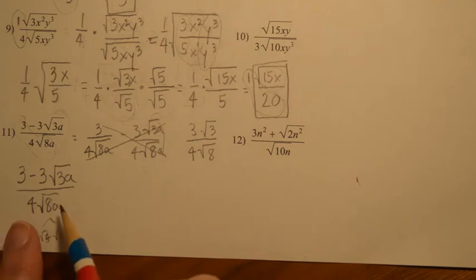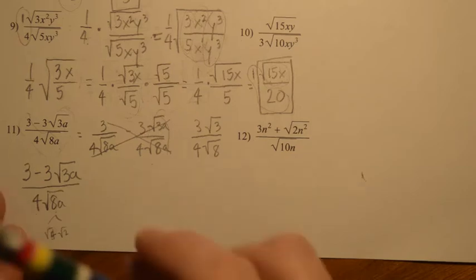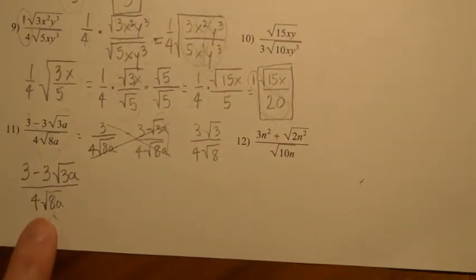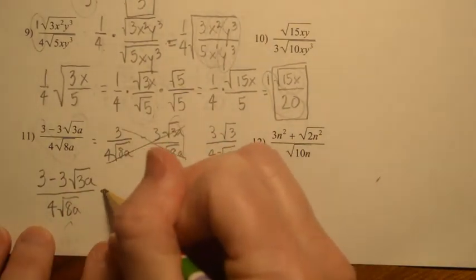I'm not going to do that this time. You can watch it in problem 13 and just contrast it. I just want you to see what happens if we leave this 8 in here unsimplified. It makes more work later on. You'll see in the next problem that it's a little bit faster to take out the perfect square in there first, but let's not do that because I want you to see what's going to happen.